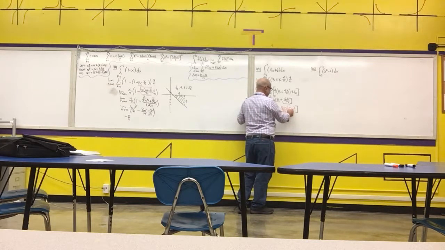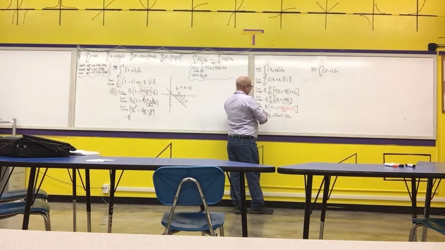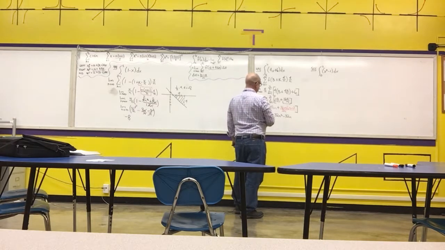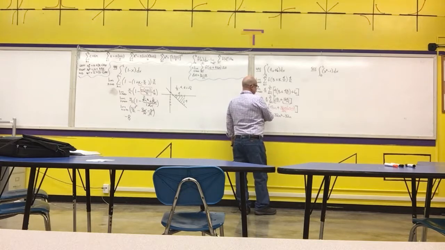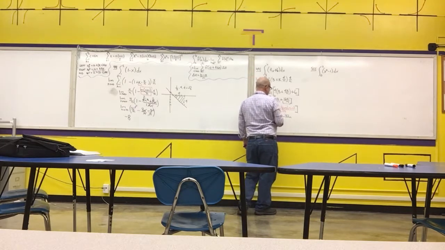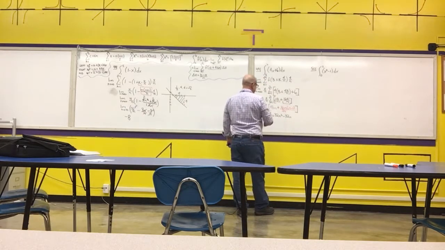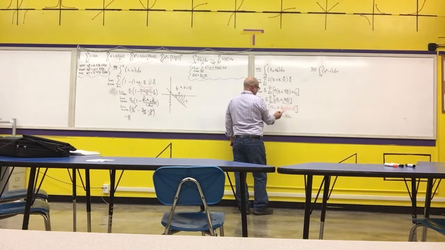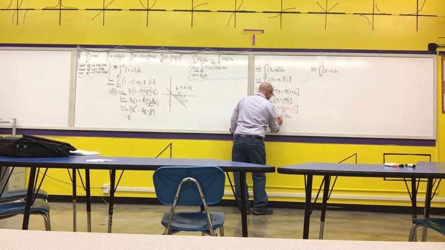N times negative 1 would be minus 32n. And on the bottom, I am going to end up with n times n, which is n squared. So I already took into account the 2, so I'm going to end up with an n squared here and an n squared here.